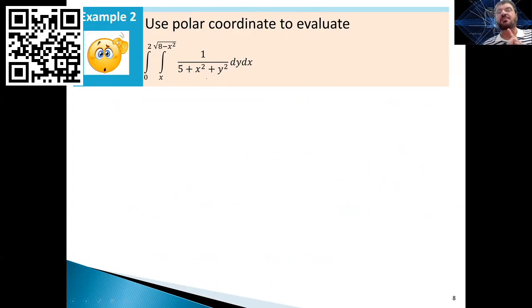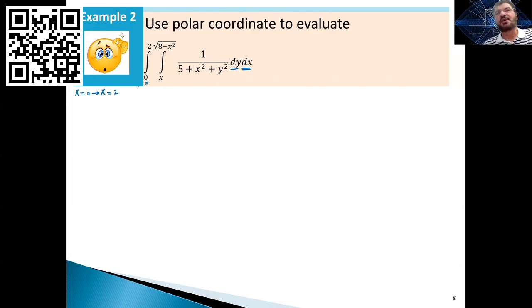Very simple. Before I start this one, let's see, do we have a polar region? A polar region usually has 2 rays, and it's like a circular thing. So what do we do? Let's look at x. x is from where to where, guys? From 0 to 2.